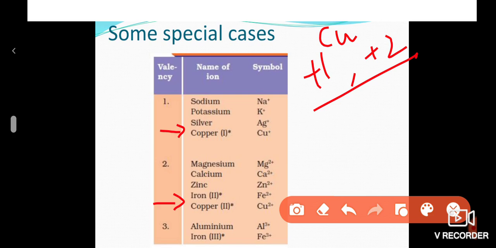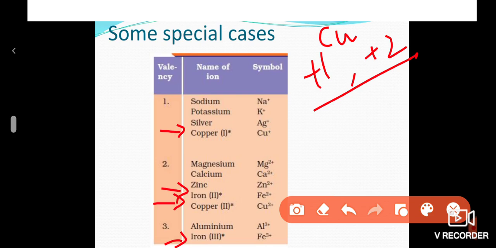Like that, you may see iron. In valency 2, you may see iron, isn't it? Like that, in valency 3, you may see iron. Iron is also a special case. Iron exists in the form of 2 plus and 3 plus states. Okay, so the valency of iron may be 2 or 3.